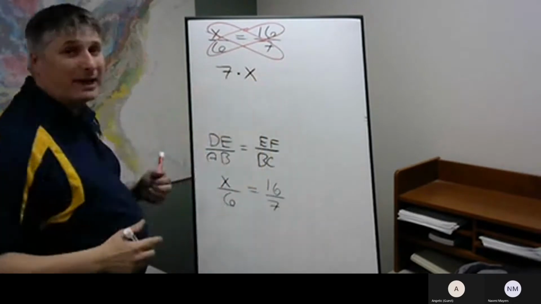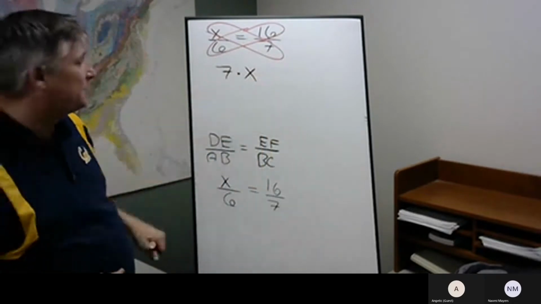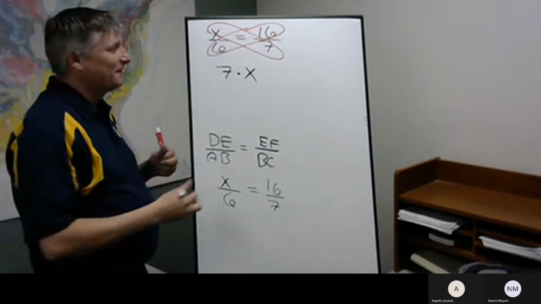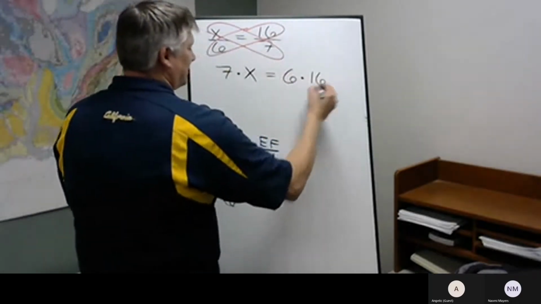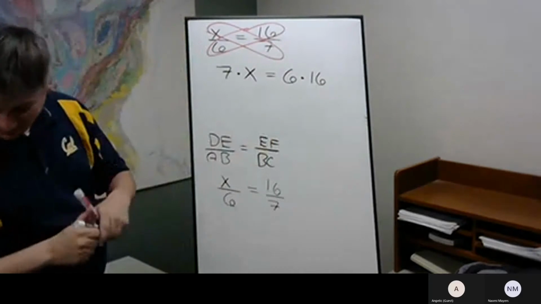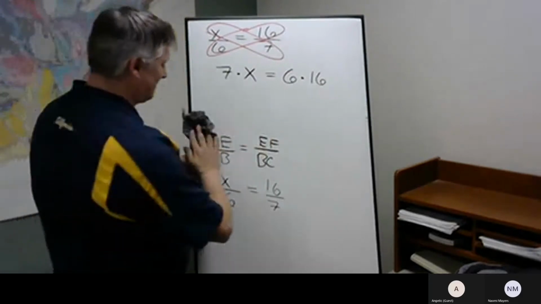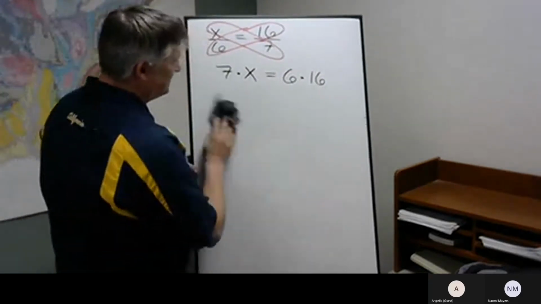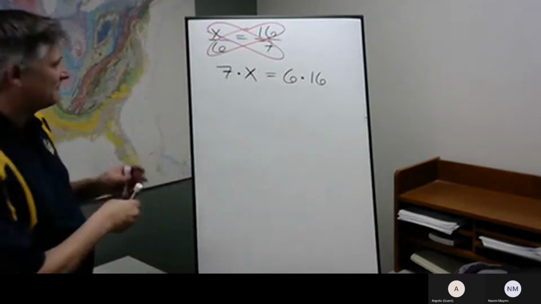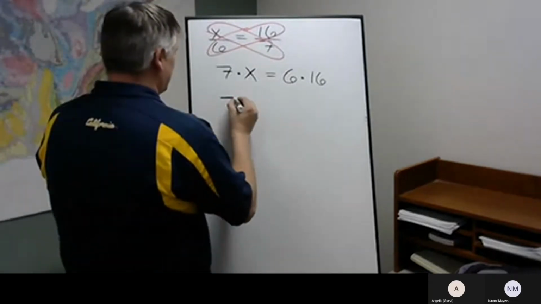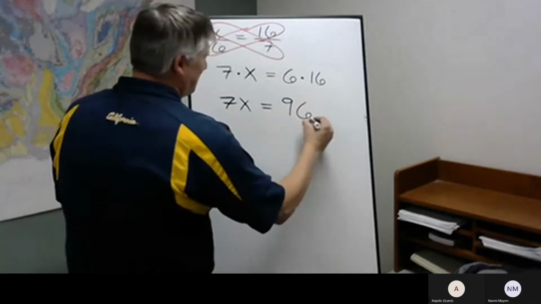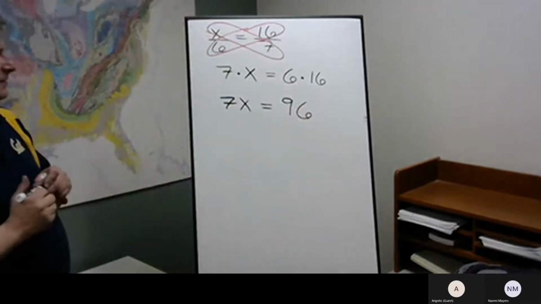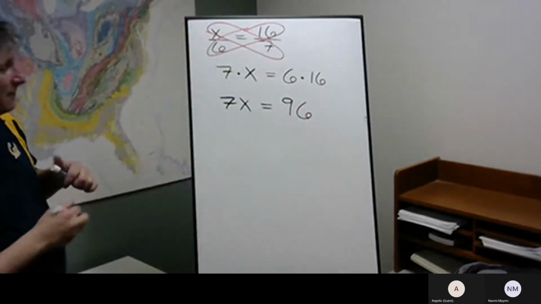And since I have a variable x here, I'm going to use the dot for multiplication so it's not confused. Equals 6 times 16. So we get 7x equals 96. Then we divide each side by 7.